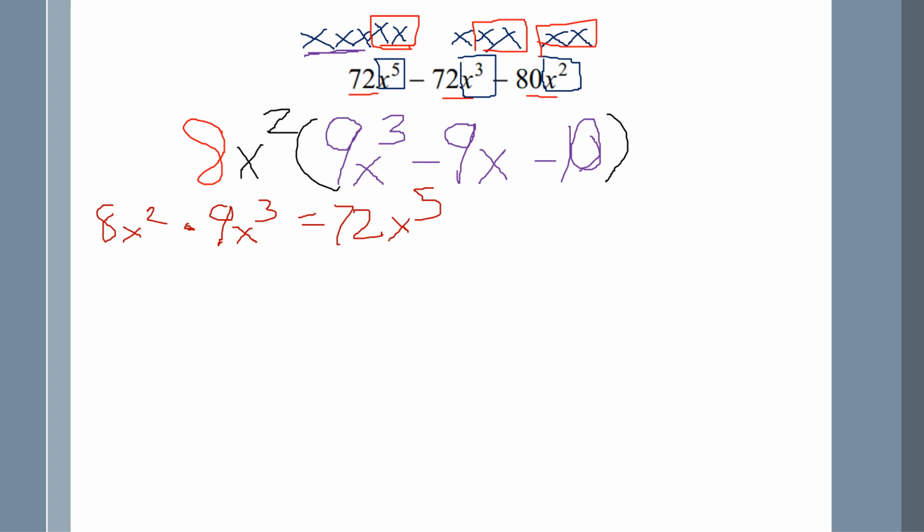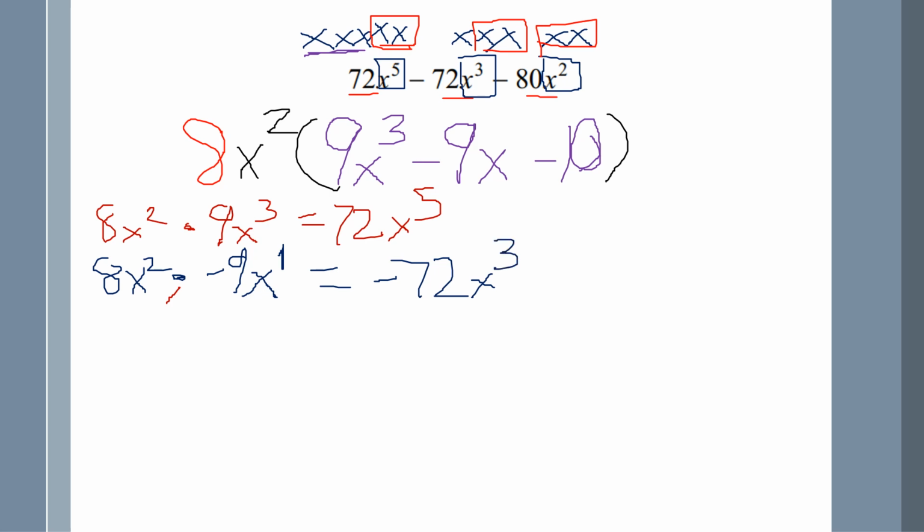Okay? So 8x squared, let me change the color because I want you guys to see every little detail, times negative 9x. When you multiply this across, you get negative 72, and you get x cubed, because this x by itself has a power of 1, so 2 plus 1 is 3.